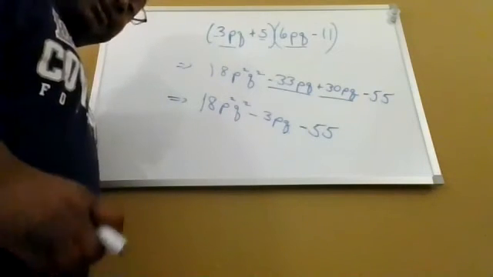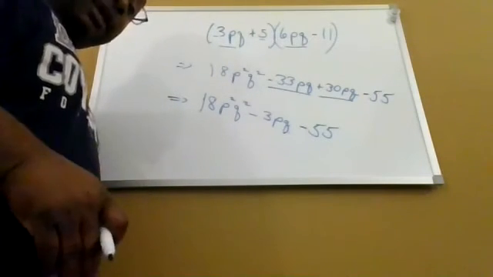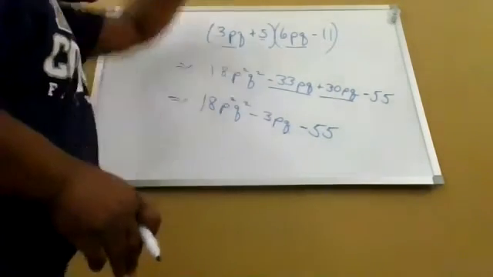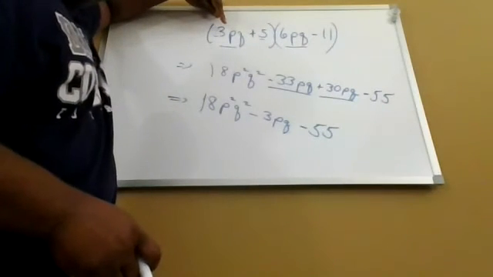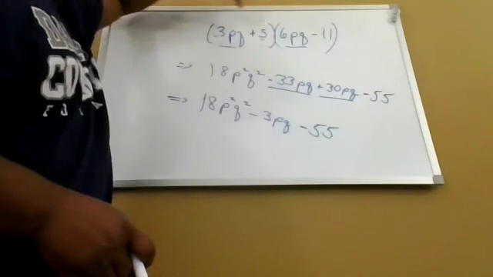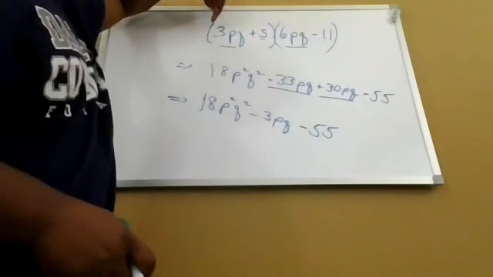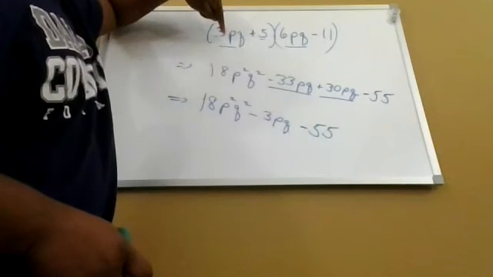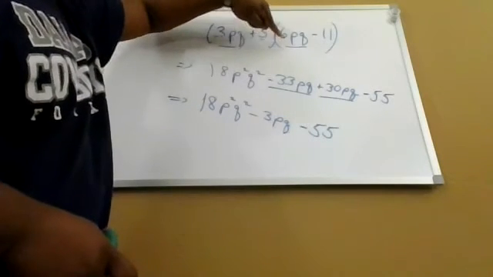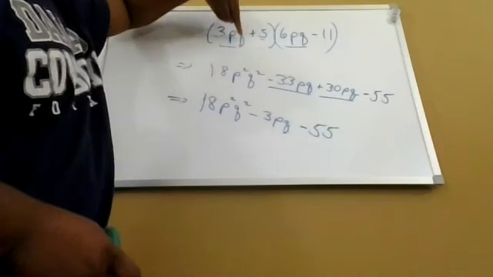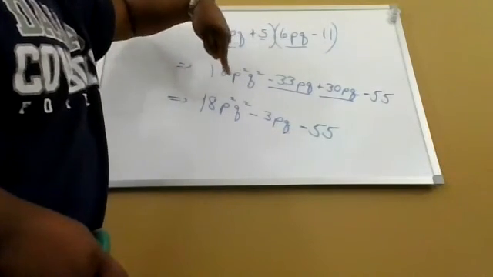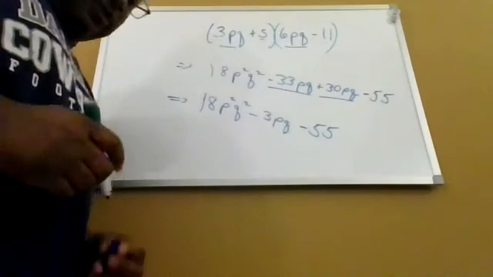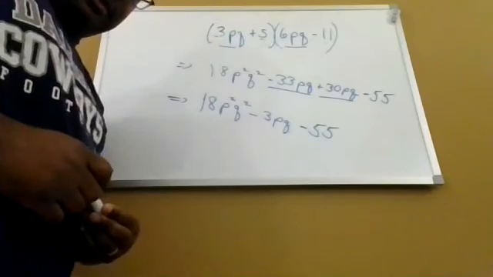Oh, and a key thing is that when we multiplied, for example, 3PQ times 6PQ, it was number times number, 3 times 6 to give me 18. P times P to give me P squared, and Q times Q to give me Q squared. A few more examples, and then we'll be done.